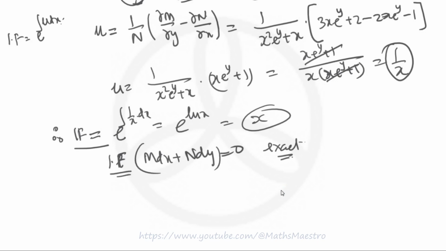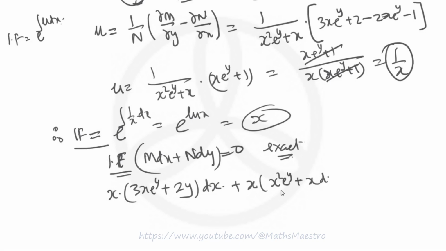So our given problem is 3x e to the power y plus 2y dx, and here with dx we will multiply x. Similarly, we will multiply x and write x square e to the power y plus x dy.